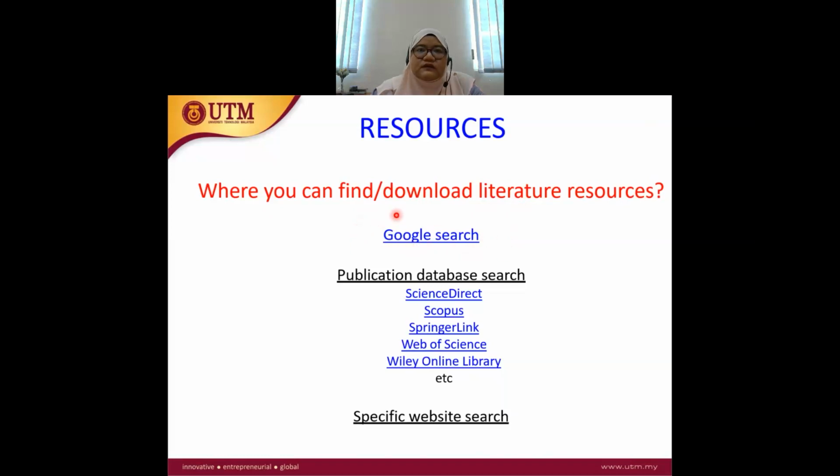You just type in Google search, and then for publication database search, you can search ScienceDirect, Scopus, SpringerLink, Web of Science, Wiley Online Library, etc. You can also use Google Scholar.